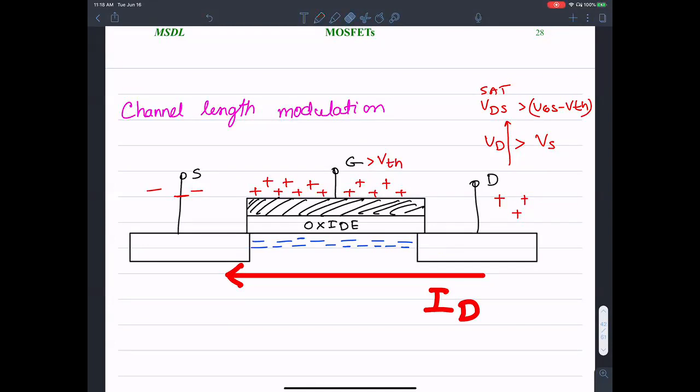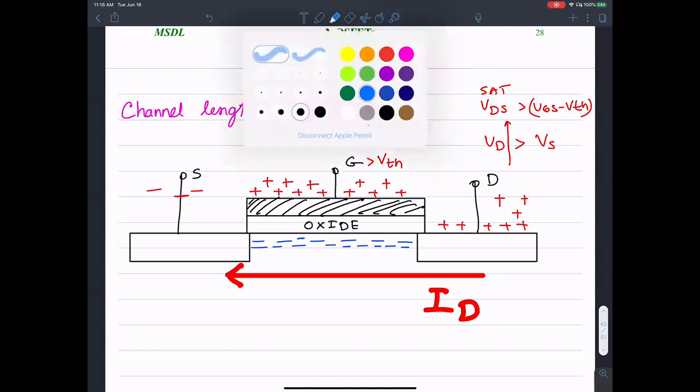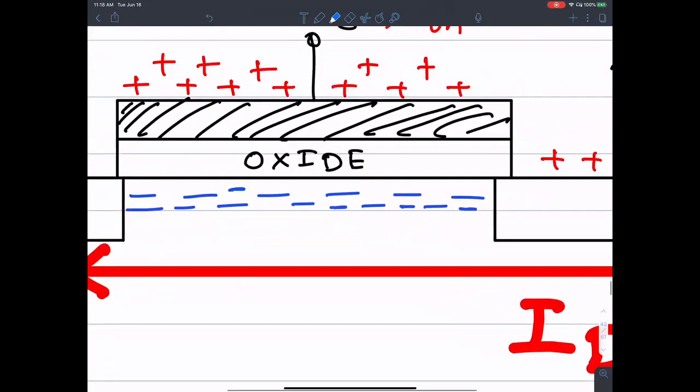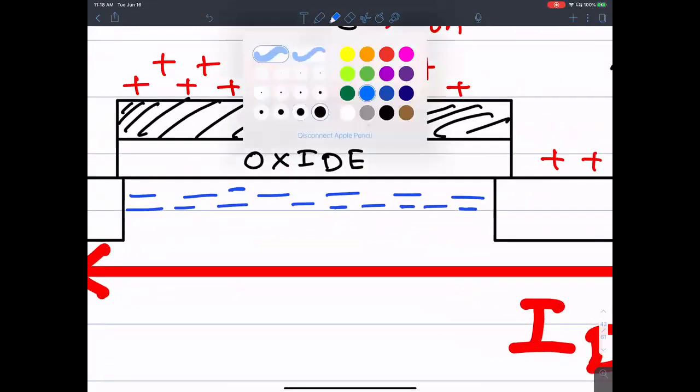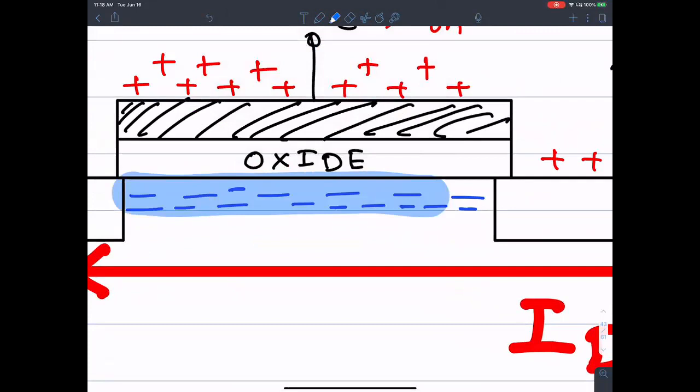So what happens when I apply a really big positive voltage and enter the saturation region? Let's pay careful attention. Earlier, I had a continuous channel, a channel whose profile was a perfect straight line.